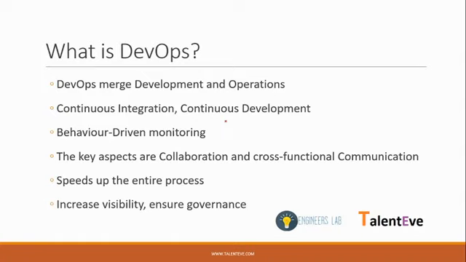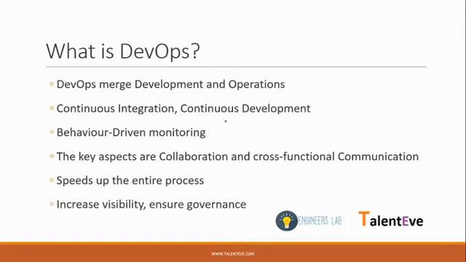So it's like continuous integration and continuous development that is happening, where behavior-driven monitoring is taken into consideration. So you know what is working and what is not working well during your development phase itself, and you get a chance to work on it.